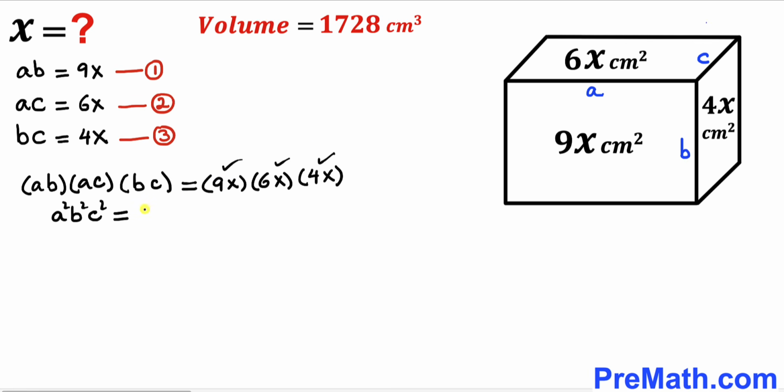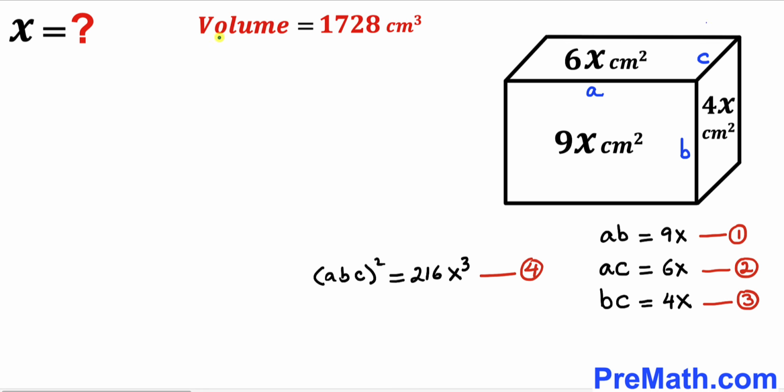That is going to give us 216 x power 3. And now we are going to tweak the left hand side. This could be written as a times b times c whole square is going to be equal to 216 x power 3. And I'm going to label this one as our equation number 4.